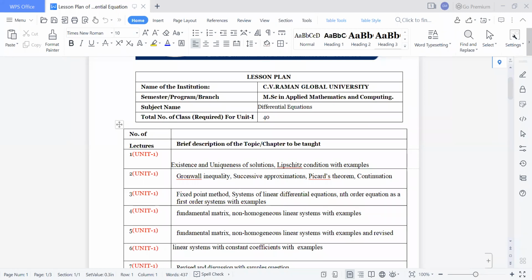Picard's method is a successive, continuous process. So how to solve it, and what is the process of solution of Picard's method? This is the given first order equation.